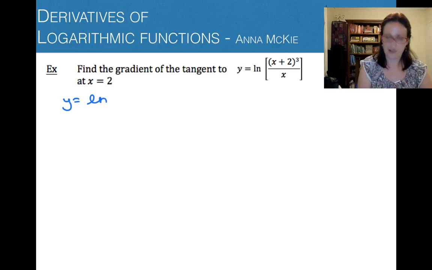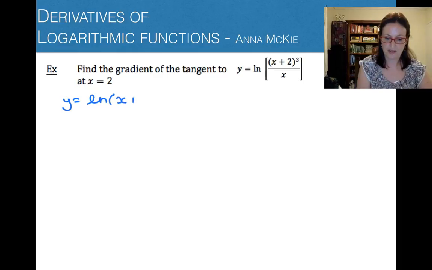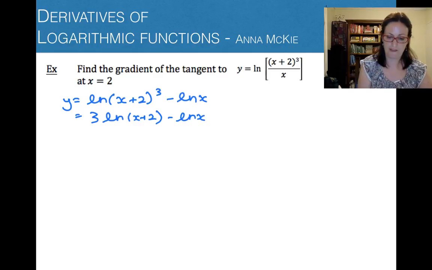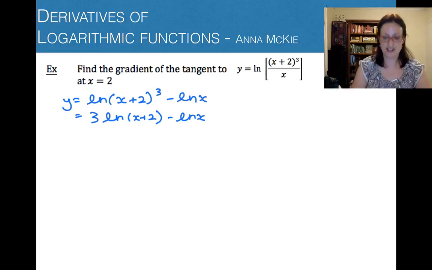So ln, just double checking, x plus 2 all cubed minus ln x, and pull that power down out the front. So there is our function, and now we need to differentiate. Pause the video, try it yourself.